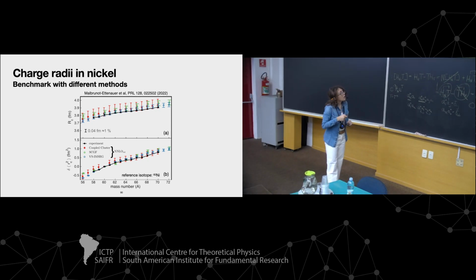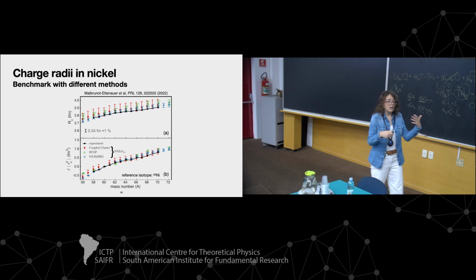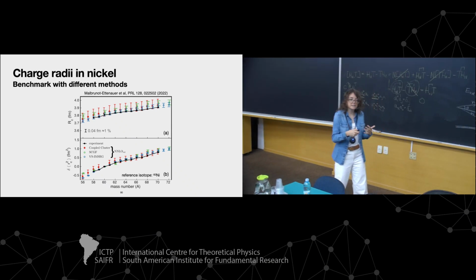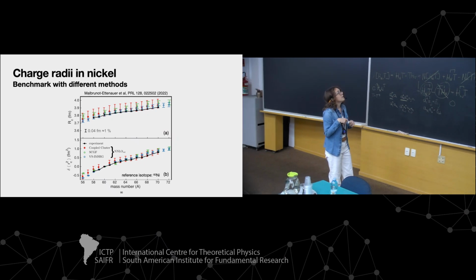But in the case of NNLOsat, in the fitting, the optimization also contained data from oxygen and carbon. So there is medium-mass information in this interaction. And you can actually see that the predictions of theory are in very good agreement with experiment.